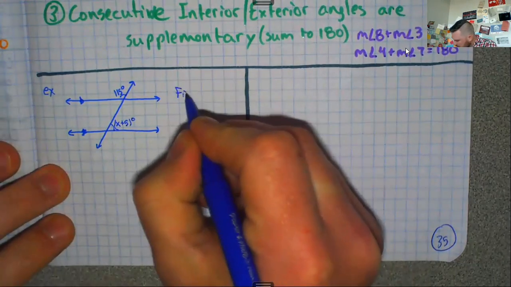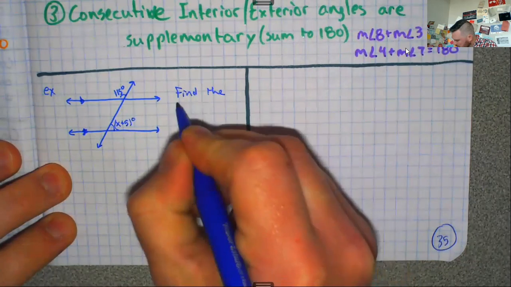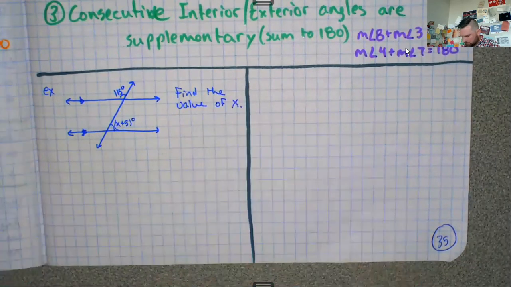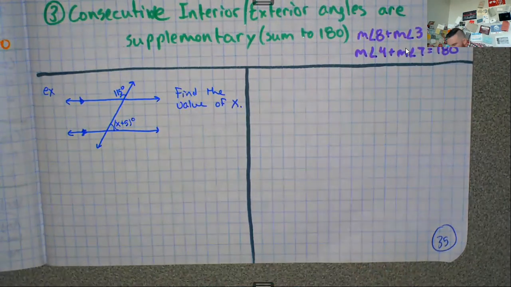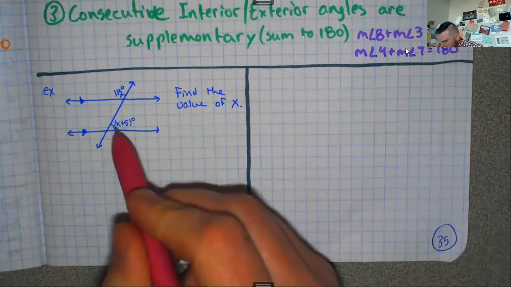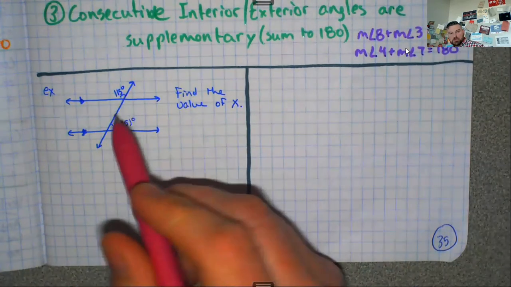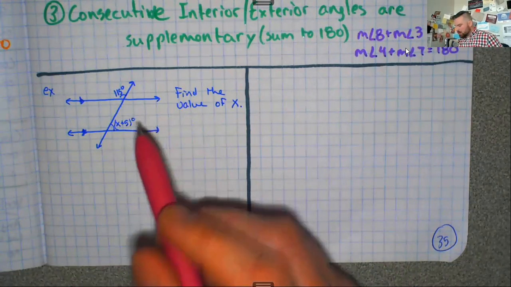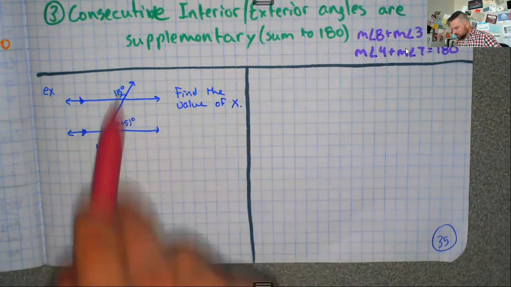Find the value of x. So looking through here, I do not have a relationship between these two angles. They are on opposite sides, but one's on the inside, one's on the outside.